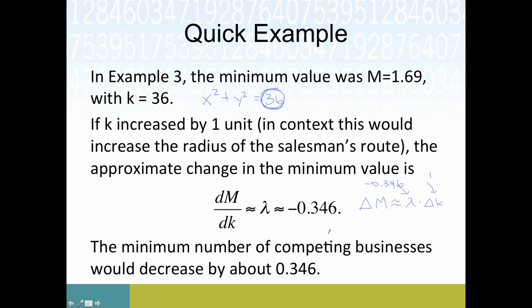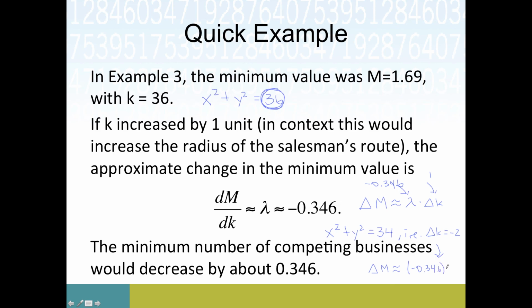So just as an example, if our constraint had dropped, let's say, to 34 instead, in other words our change in k was negative 2, then we would see instead that the change in m would be like, well, our lambda, so can't get away from that, negative 0.346.